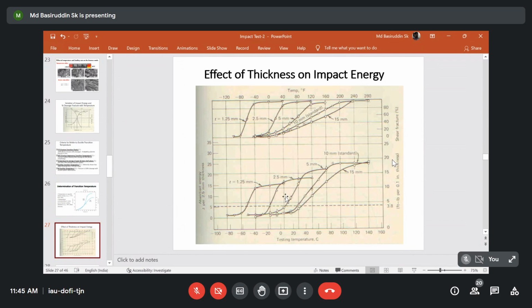So let's say I am talking about the variation in thickness of the Charpy specimen. If you plot the energy variation with varying specimen thickness, then you can find that if you have a small thickness specimen, the DBTT will be very much less as compared to the specimen which has high thickness.